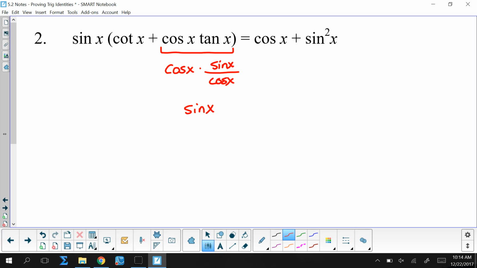Agree that cosine times tangent is really just sine of x. Okay?